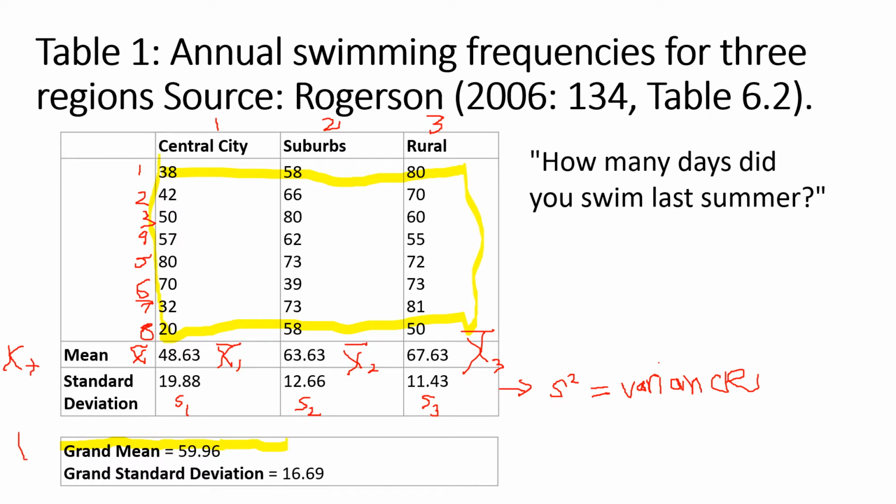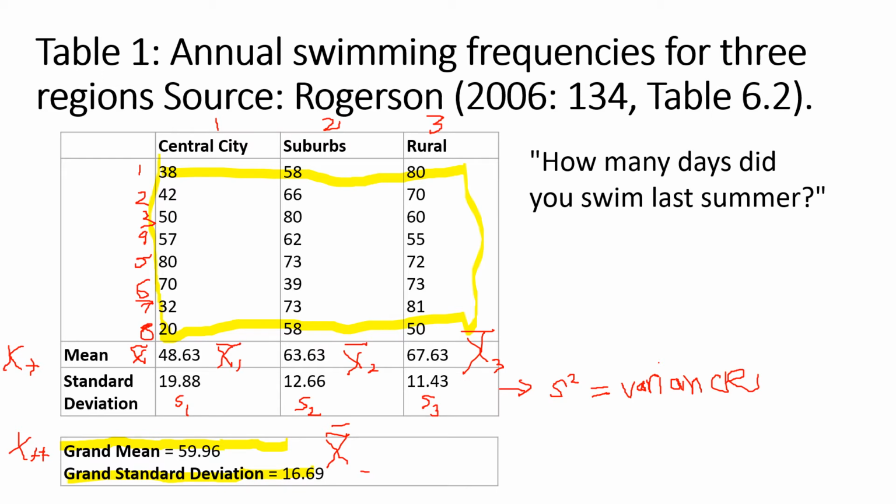He writes that in his notation as x with a plus and another plus sign by it. Whereas I always learned this as x with 2 bars over it. Okay, his grand standard deviation then is just the standard deviation of these 24 observations.